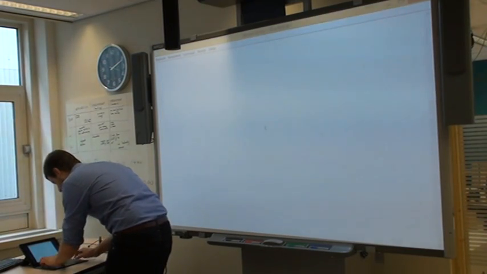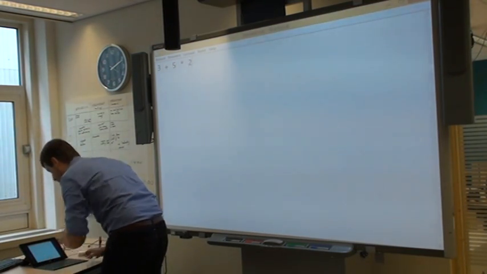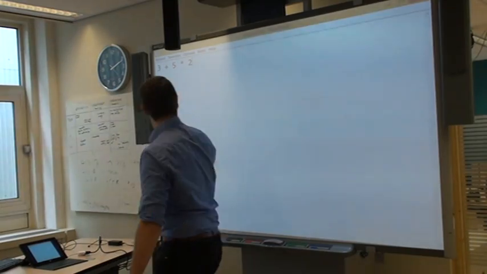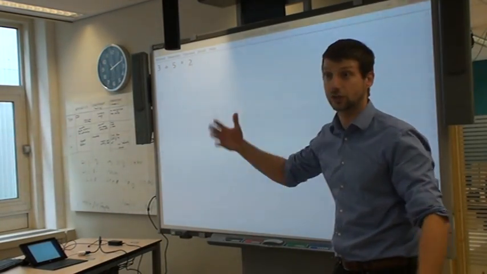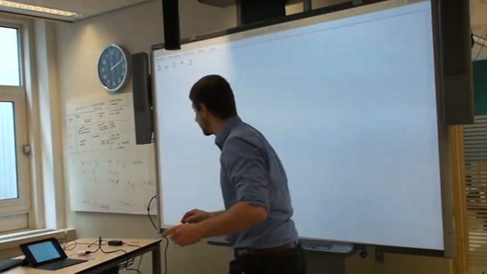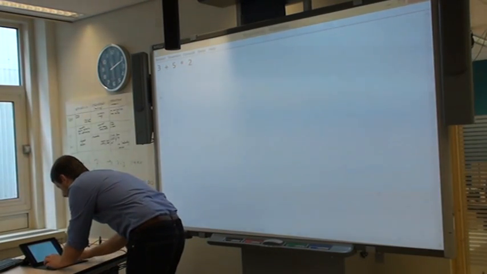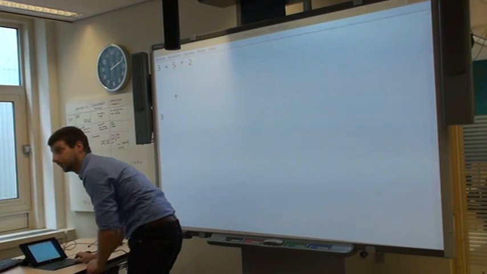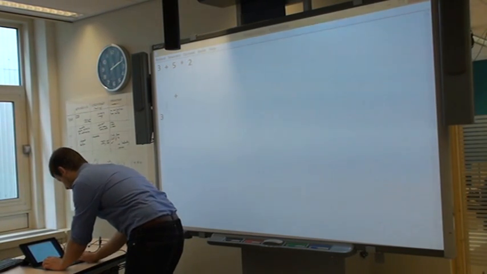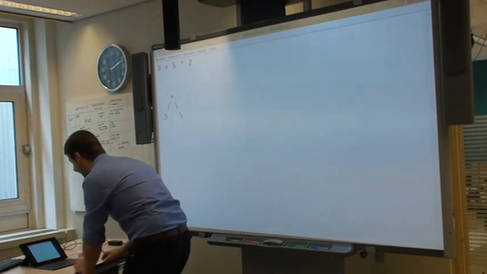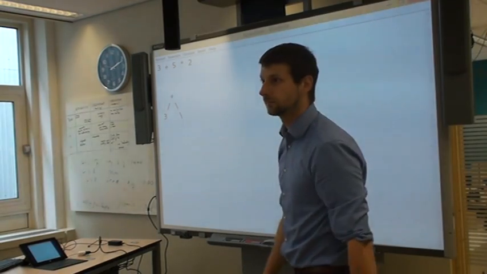Okay, so let's take 3 plus 5 times 2, okay? Which is clearly a sequence of symbols. It looks like a sequence of symbols. But what this actually is rather something like an addition of, on one hand 3, and on the other hand, what is on the other hand? 5 times 2.